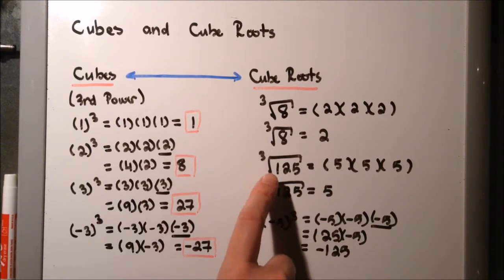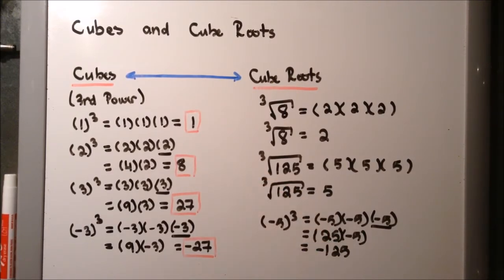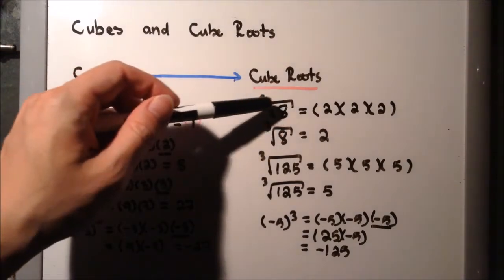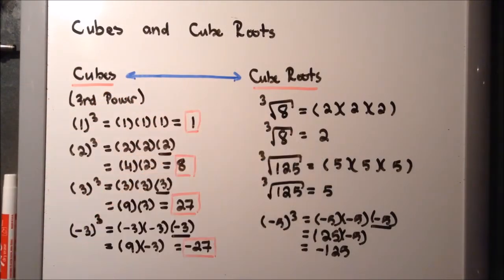So, see how there's a difference? When it comes to cube roots, if you start off with a positive number, your answer will be positive. And if your number starts off negative, then it should be a negative number. As you can see, negative 5 to the third power equals negative 125.